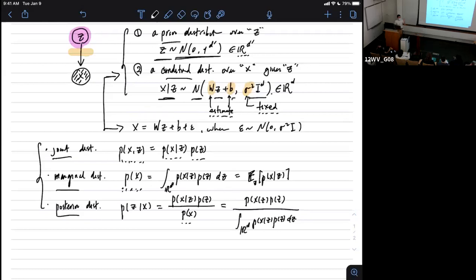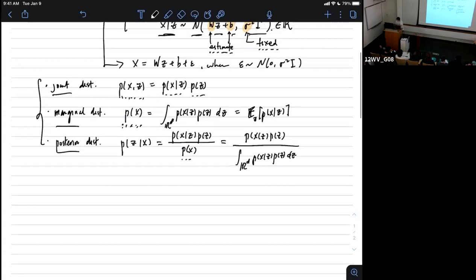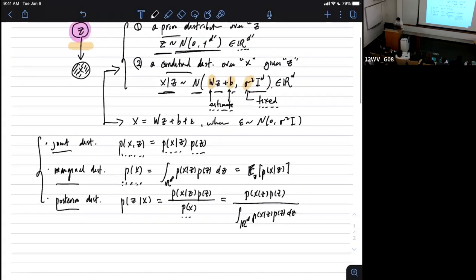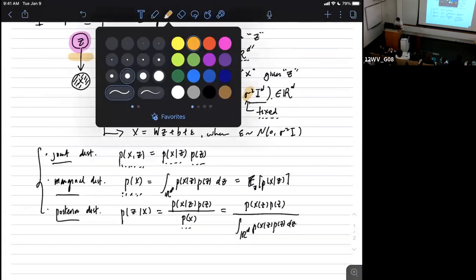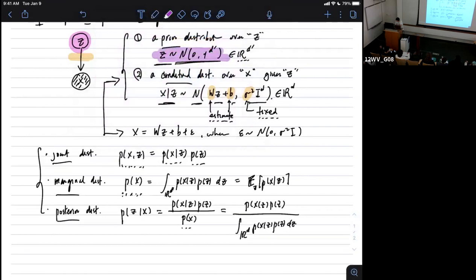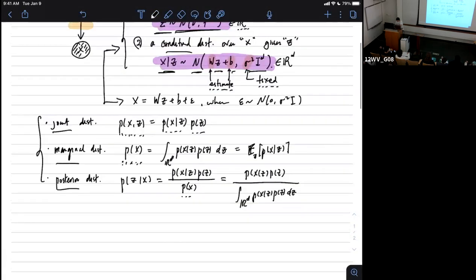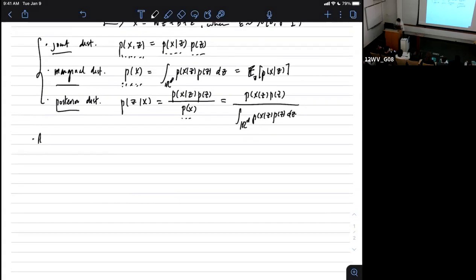As soon as you have those two parameters, you know precisely which Gaussian distribution you are talking about. So then let's do some simple algebra here. All right, so let's keep this in our mind as we go forward. So there was a prior distribution and there was a conditional distribution. Now let's look at the marginal distribution.